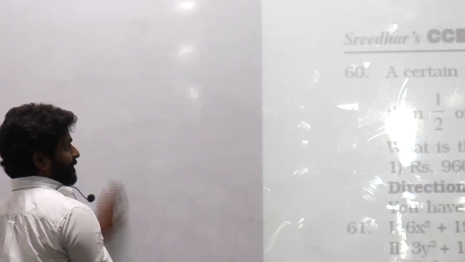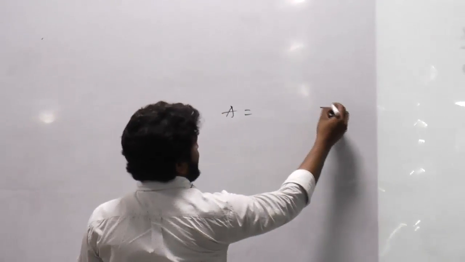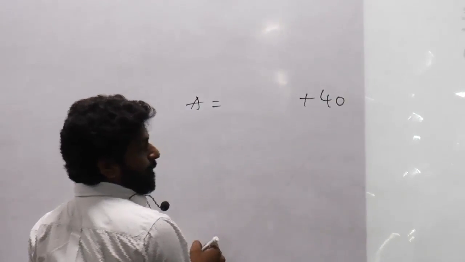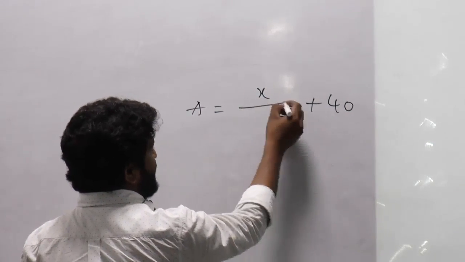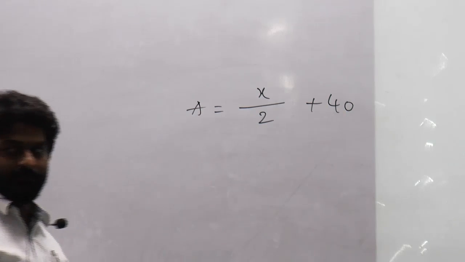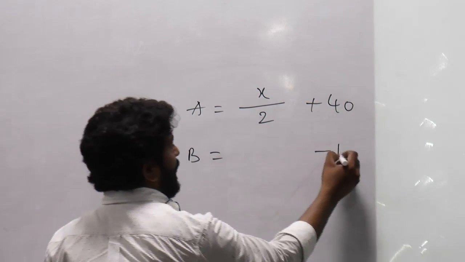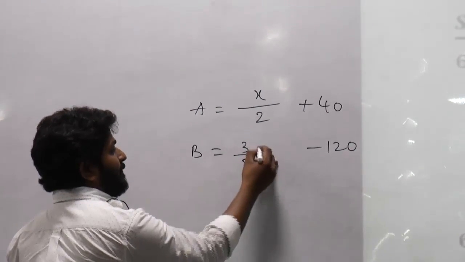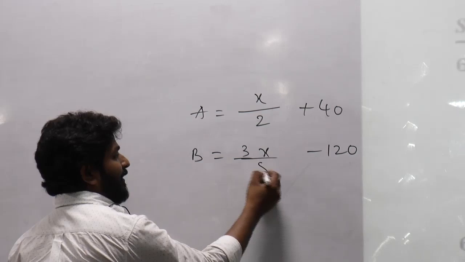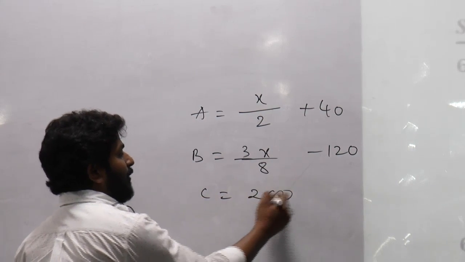A gets 40 rupees more than half of the sum. Let me treat the sum as x rupees and I'll get half of it. And B gets 120 less than 3/8 of the sum, 3x by 8. And C receives 200.